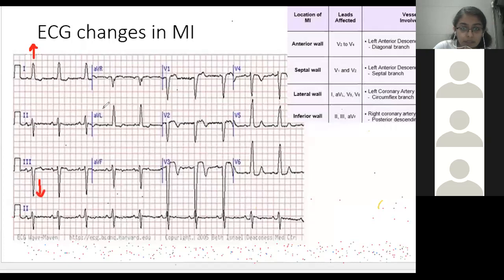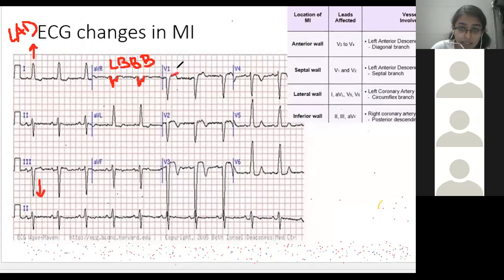But there is some problem here. If you see, in aVR, you can see there is a W. So this is indicating there is LBBB. Because you got left axis deviation, you got LBBB here, and this is the T wave.